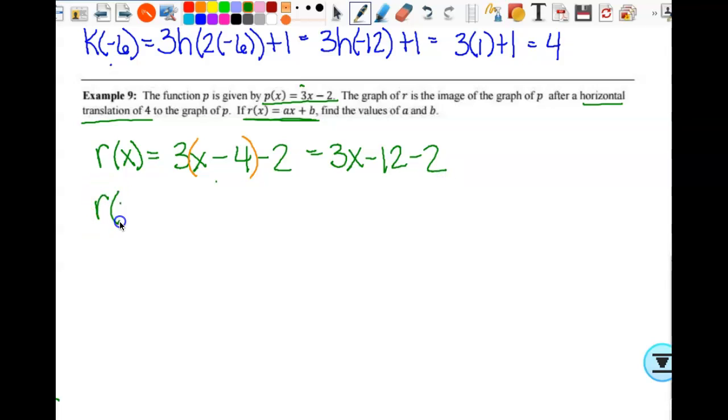So then R of x would be equal to 3x minus 14. Now, when I look at this equation, can I see a horizontal translation? No, but it did happen, right? It's just in a different form. And then from this form, I can actually find A and B. A is equal to 3, and B is equal to negative 14.